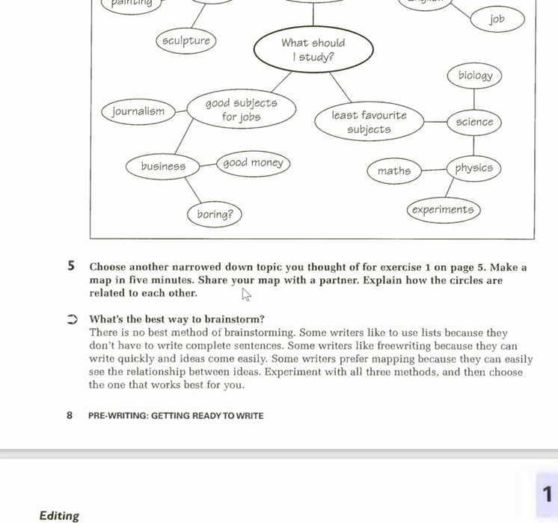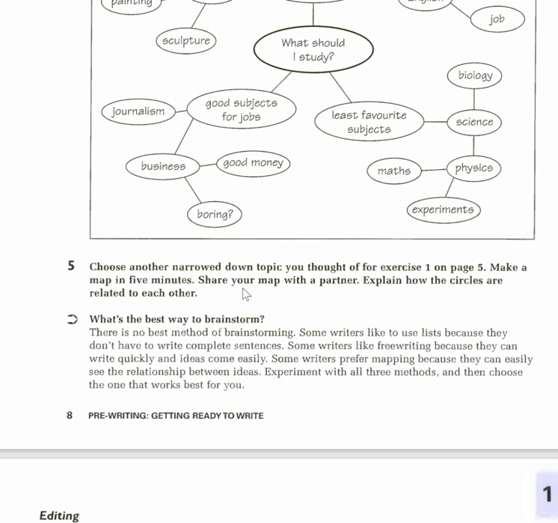So now let's get to know what's the best way to brainstorm. We talked about 3 types. What is the best way to brainstorm? There is no best method of brainstorming. Some writers prefer the list, others prefer the free writing or the mapping. Some writers prefer the list.